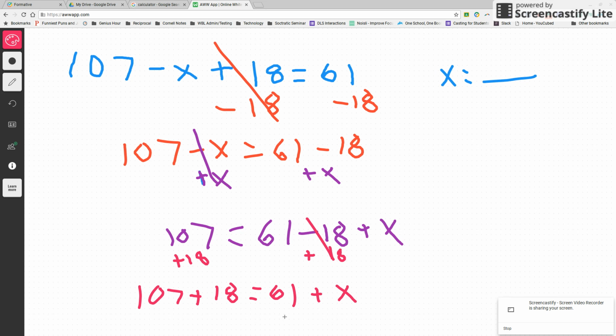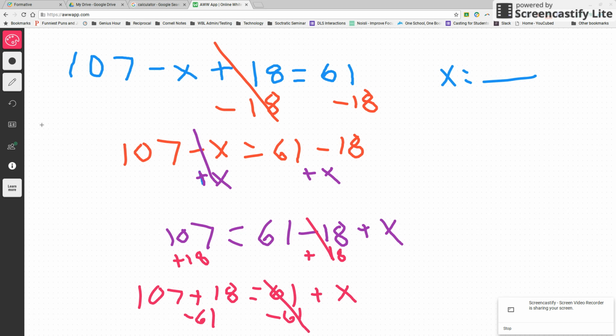All right. Now, if I think about this, now I have addition on both sides. And with addition, it doesn't matter which way we do it. So if I have a positive 61 here, 61 plus x is the same as x plus 61. So if I want to get rid of this 61, I have to subtract 61. I subtract 61 from one side.